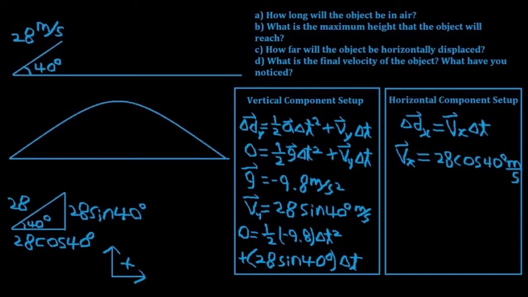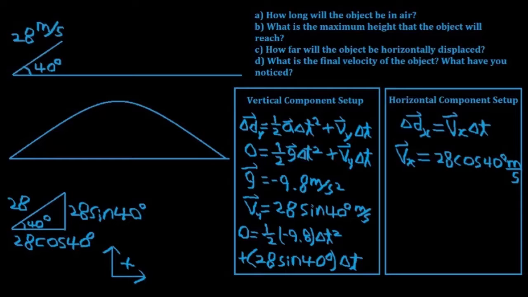So what do we know about the vertical component? Well, gravity is pulling downwards, so it's always accelerating downwards, and so it's going to be a negative value, negative 9.8 meters per second squared. Now we need the initial vertical velocity, so we just need a bit of trigonometry: 28 times sine of 40 degrees.